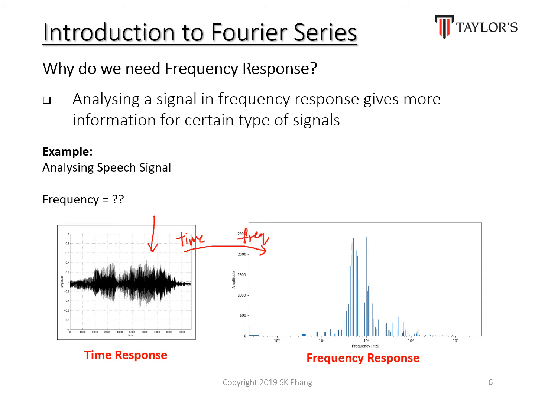After you have changed a time domain signal to its frequency response, you have certain information on the different frequencies that the signal might have. And therefore, there are some particular applications where frequency response is quite useful, which you will see later.